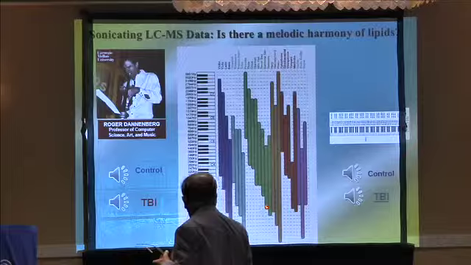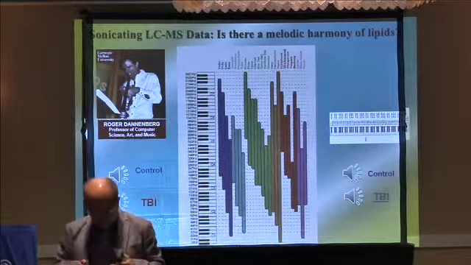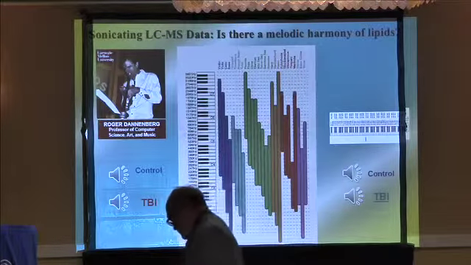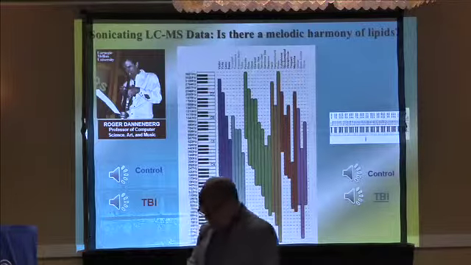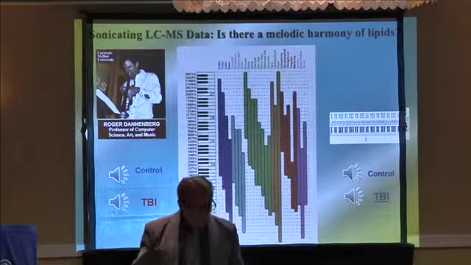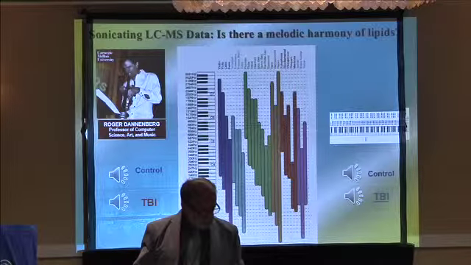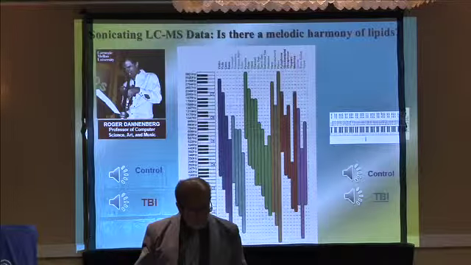So I thought, why can't we sonify mass specs of cardiolipins and see whether there'll be any difference between normal cardiolipins and cardiolipins from injured brain. I'm not sure how much you remember the previous melody, but there is a remarkable difference.